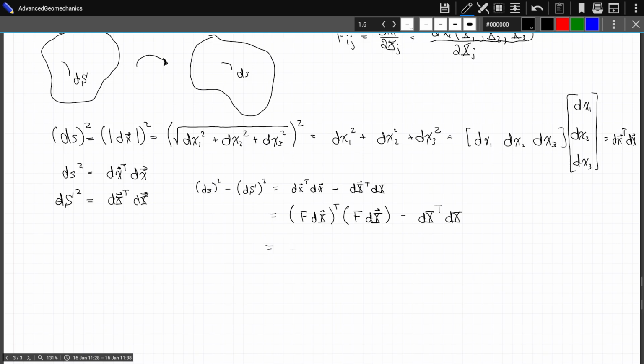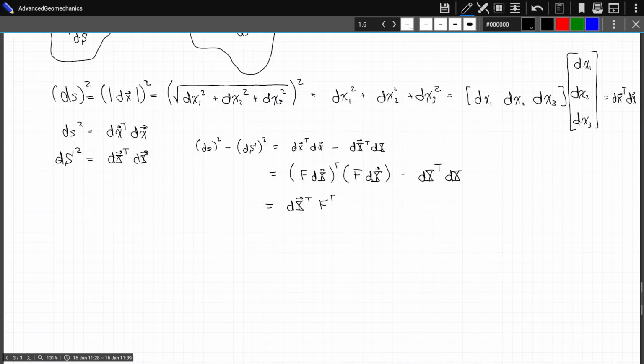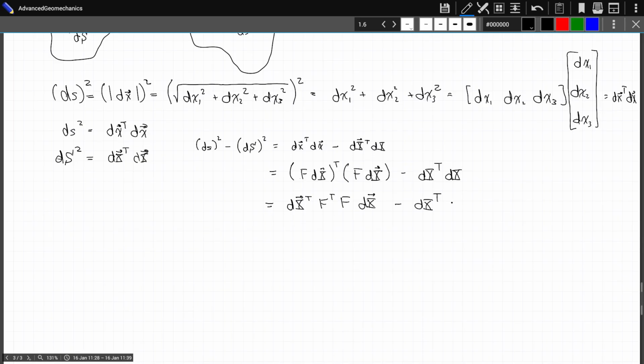So I get d big X transpose F transpose times F times dX minus dX transpose. And what I'm going to do here is stick an identity matrix there times dX. The identity matrix doesn't do anything, right? dX times the identity matrix is dX.